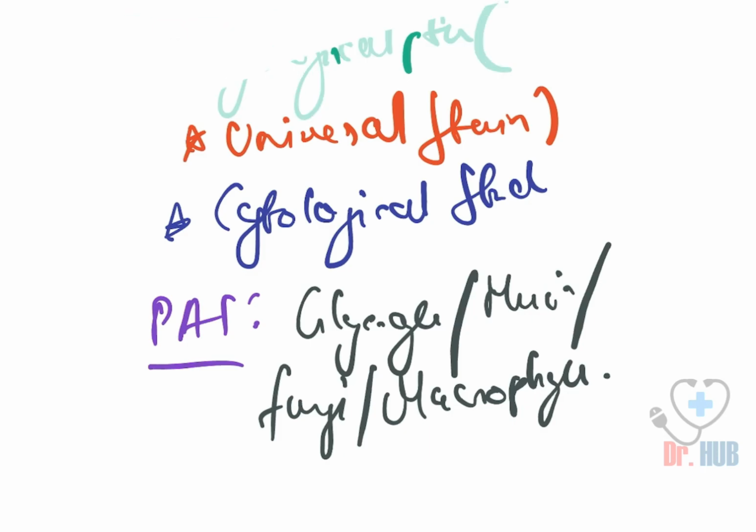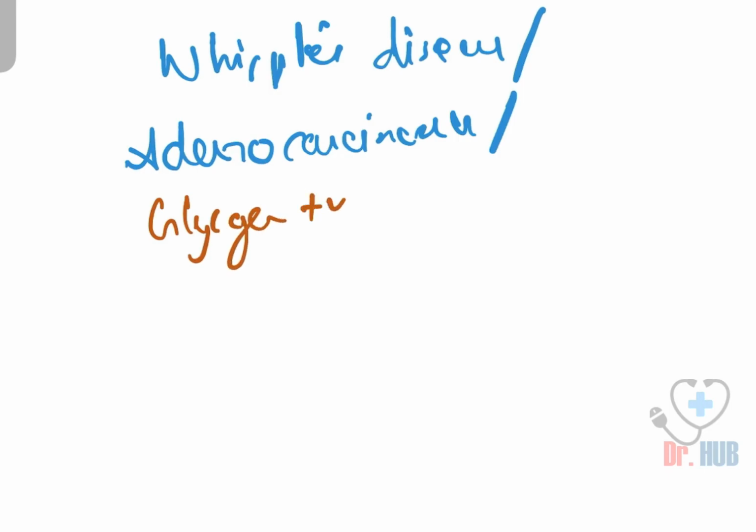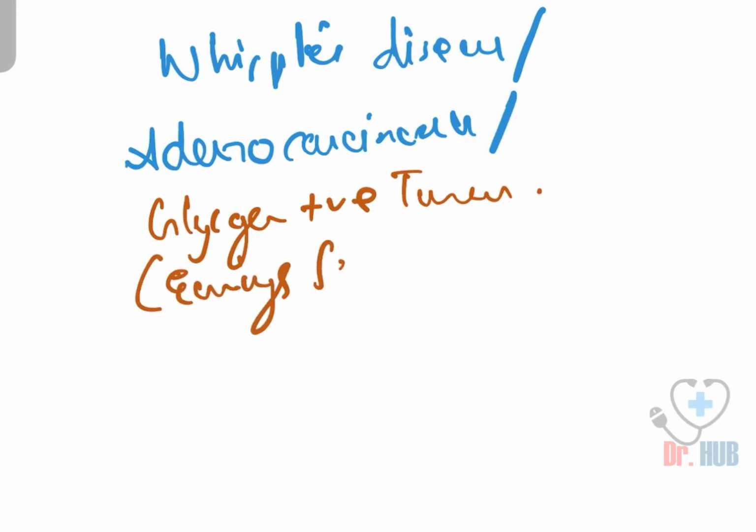Looking at the conditions, it is used in disorders such as Whipple's disease, adenocarcinomas, and glycogen positive tumors. What are the glycogen positive tumors? It includes Ewing sarcoma as well as renal cell carcinoma.